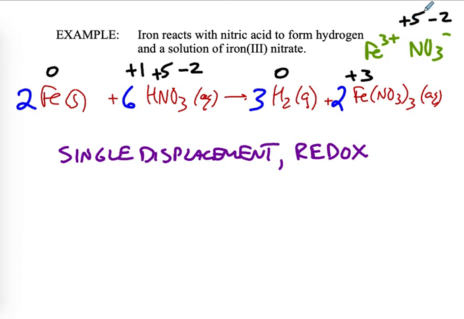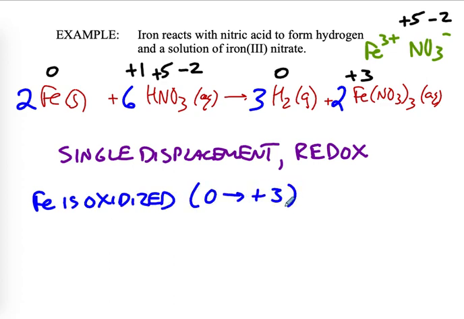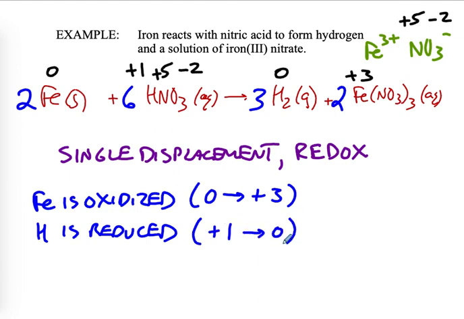So, to determine which element is oxidized and which is reduced, I will simply look at the change in oxidation numbers. So, iron is oxidized because its oxidation number goes from 0 to +3. Hydrogen is reduced because its oxidation number goes from +1 in nitric acid to 0 in elemental hydrogen.